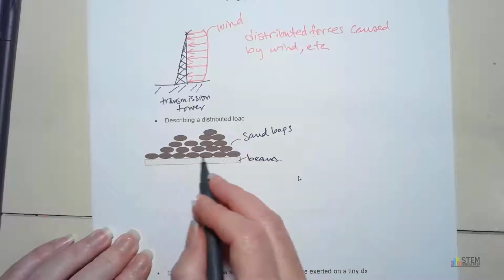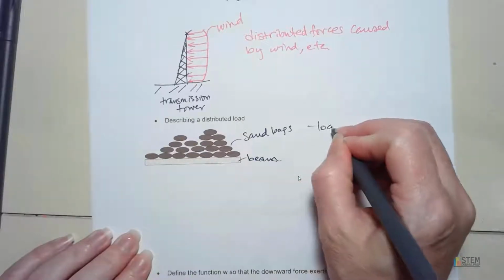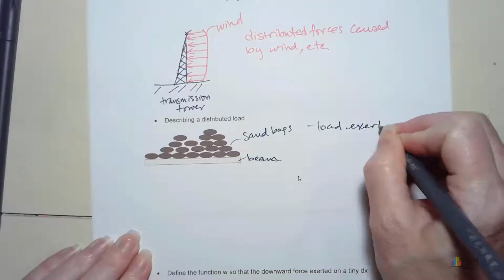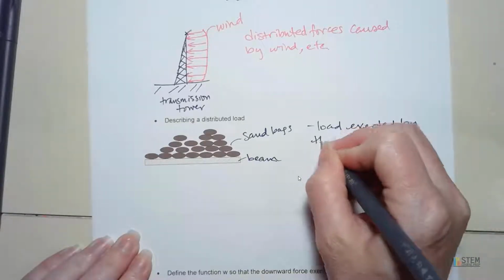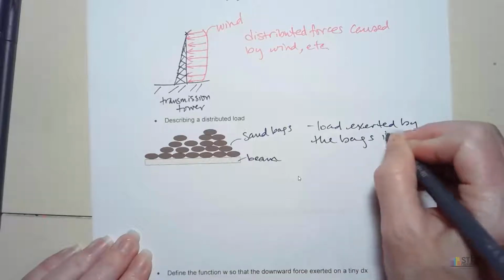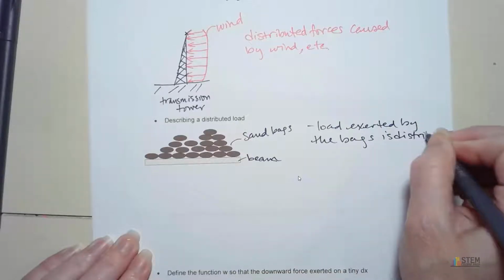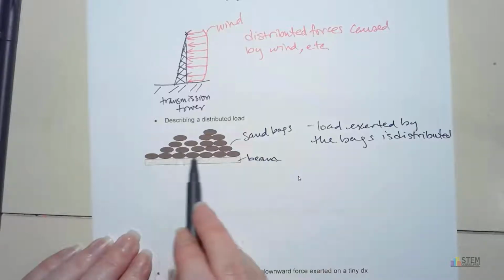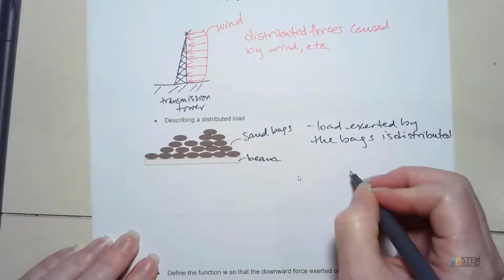But the load of the bags is distributed over the beam. So it's not just in one place like what we've been talking about before. It's distributed across that beam.